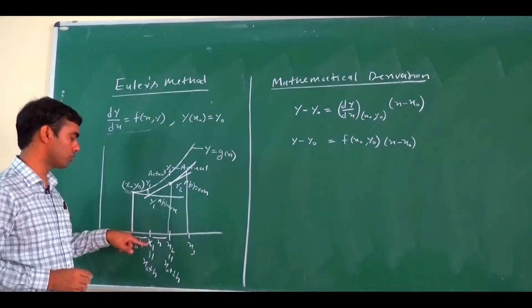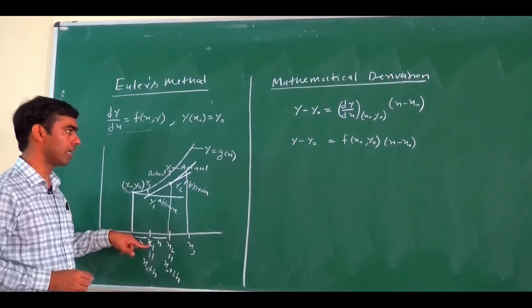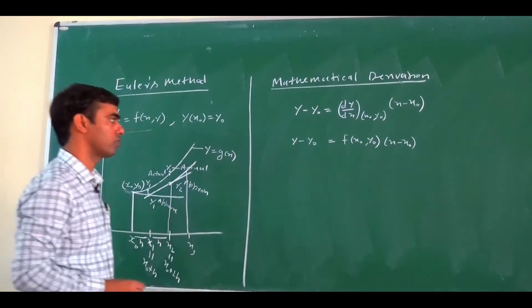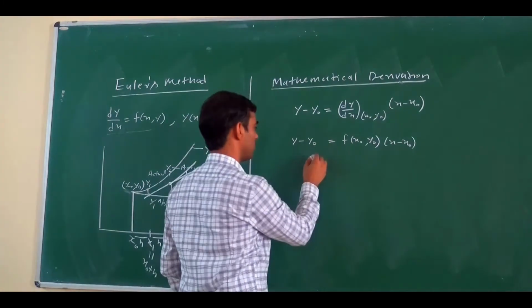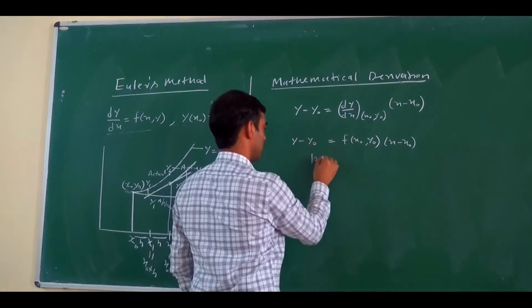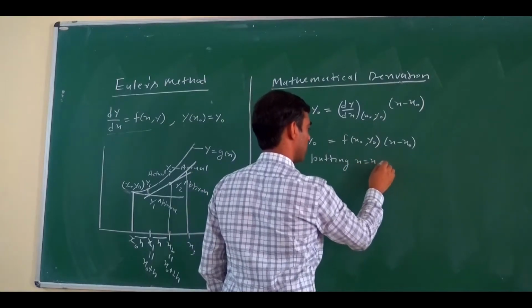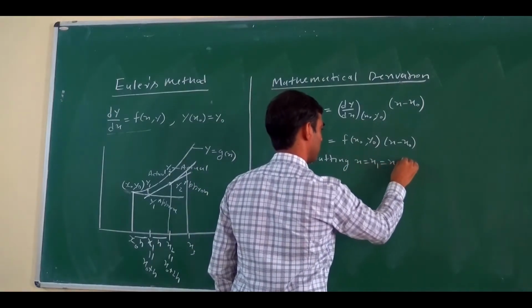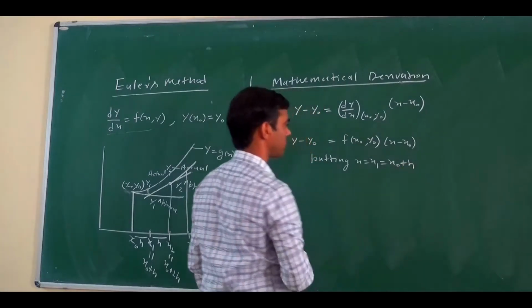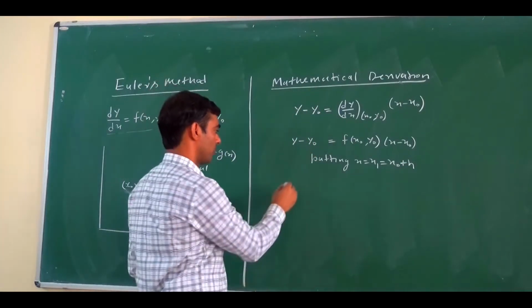Then how do we find the approximate value? By putting x equal to x1, that is x0 plus h. So what will happen?